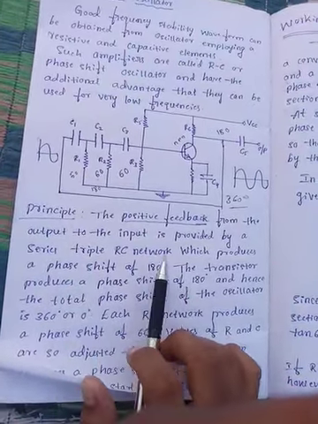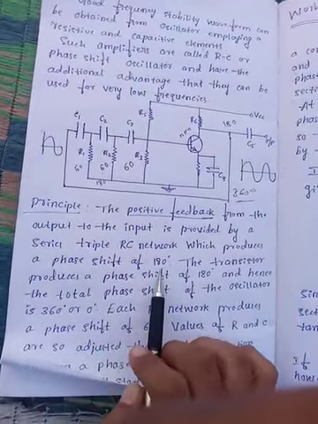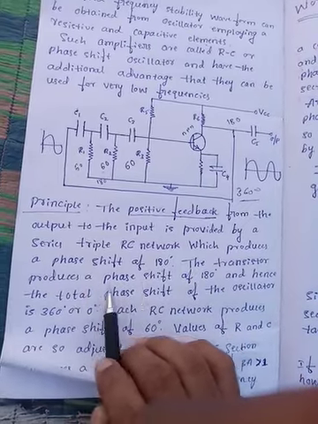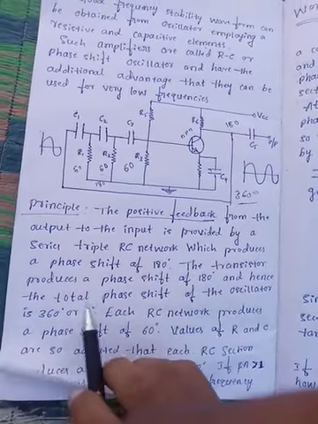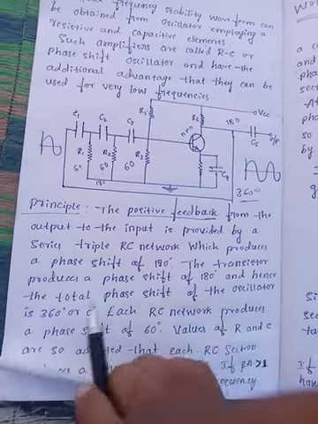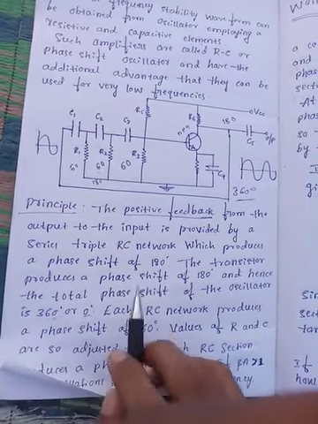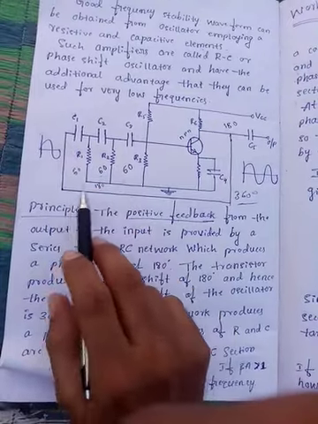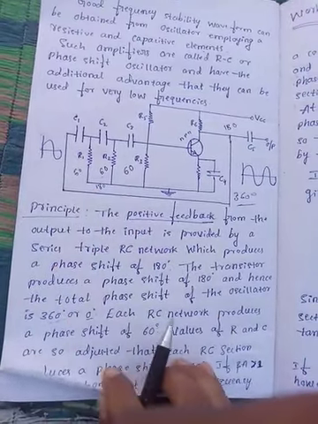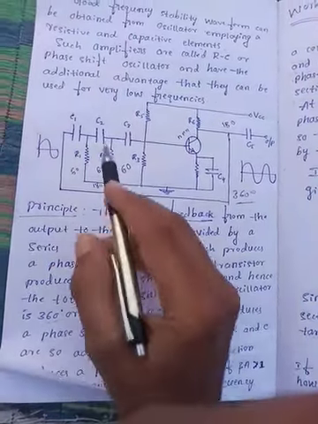The RC network produces a phase shift of 180 degrees and the transistor produces a phase shift of 180 degrees, and hence the total phase shift of the oscillator is 360 degrees or 0 degrees. Each RC section produces 60 degrees, so the values of R and C are adjusted.